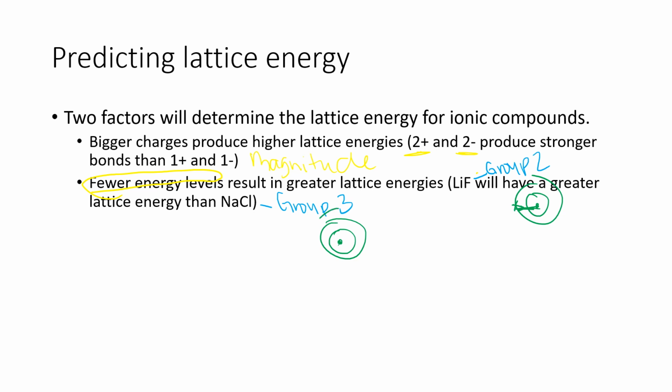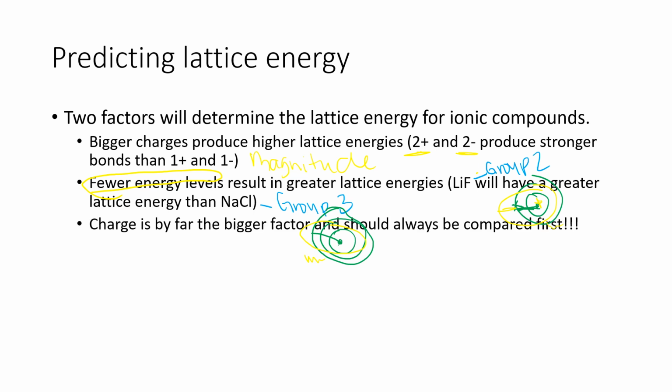So sodium has 3 rings, but the distance from here to here is definitely a lot greater compared to lithium fluoride. So the attraction, how much the positive nucleus and the negative electrons are attracted, is way stronger when they're close by compared to this one here. This is like a long distance relationship over here, and this one, they live close by.